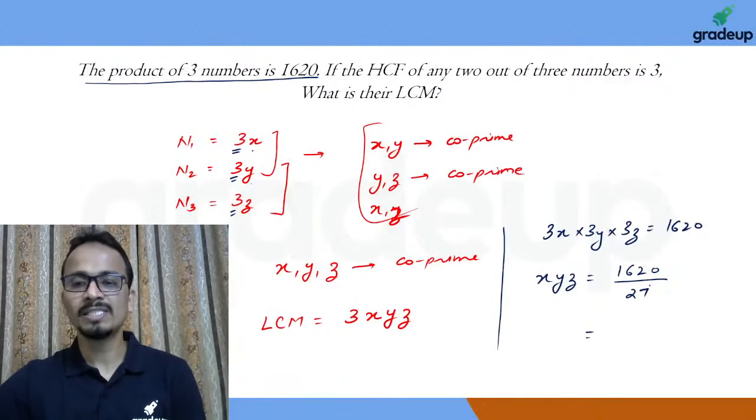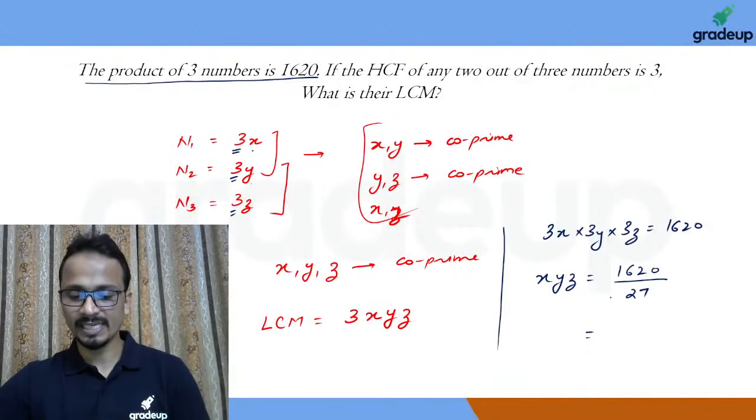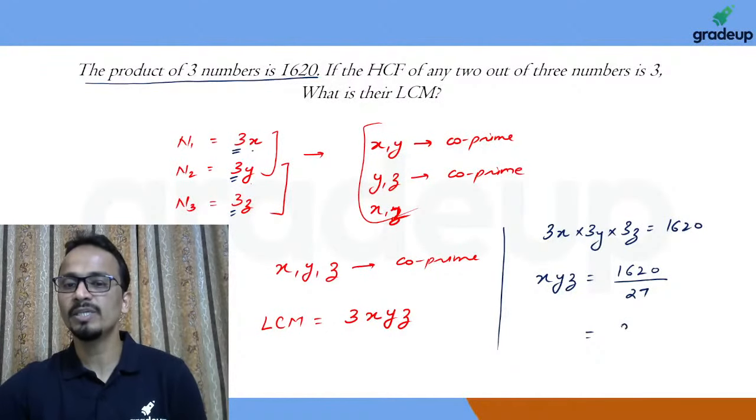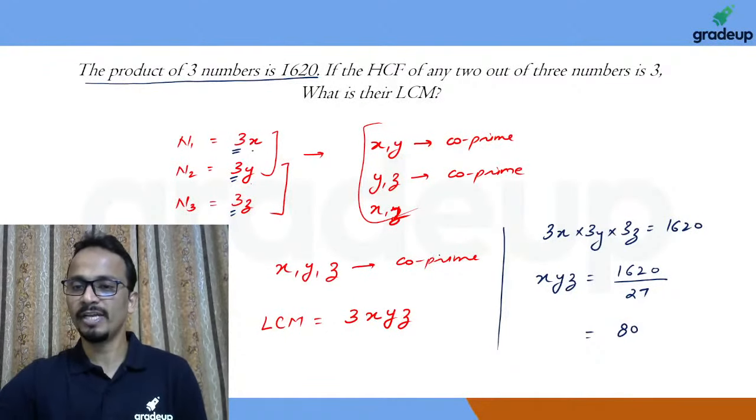Now, what will be the value of x, y, z? Satyam, would you like to check your answer? What is the value of x into y into z, 1620 upon 27? The value is 80.